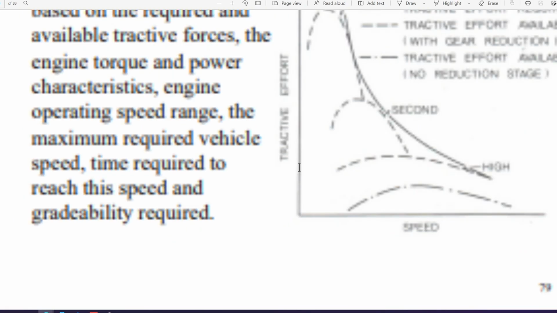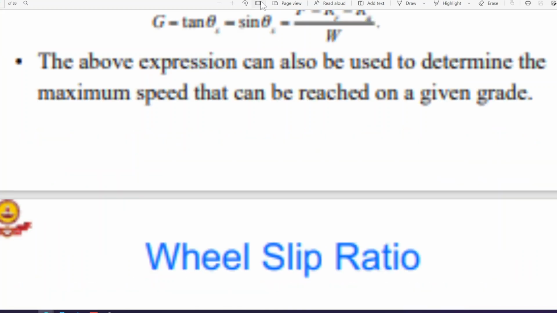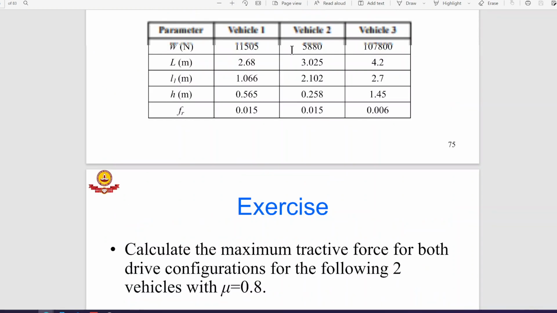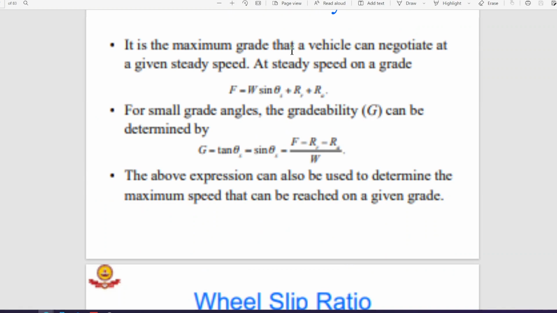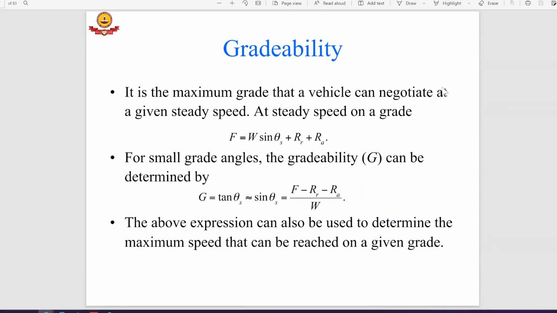So let's quickly go through some transmission discussion. So yeah, this is the gradability condition you are talking about. The vehicle has to be designed so that it can climb up. What is N4? Yeah, N4 is the final gear ratio. Let's go through these few slides so that we fill in the gaps.